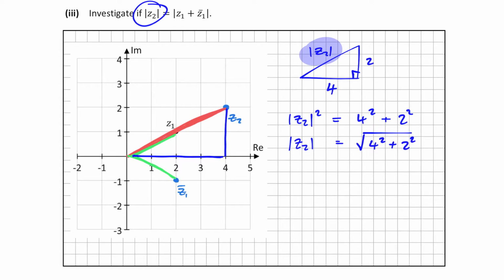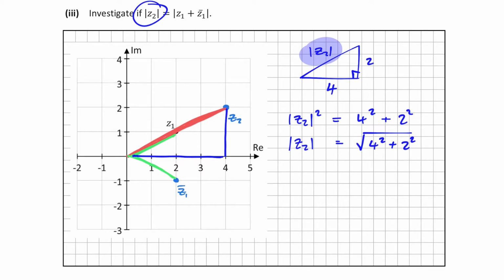Okay, so typically when you get the modulus of a complex number, you'd say that the length of this is equal to the square root of this squared plus this squared. So typically the modulus is the square root of the other two sides squared, but we should be able to work that out using Pythagoras' theorem.